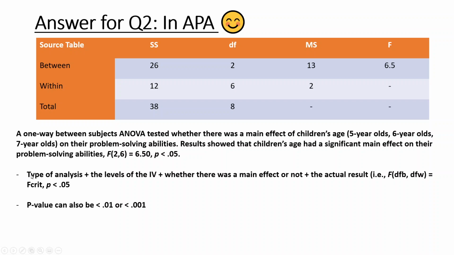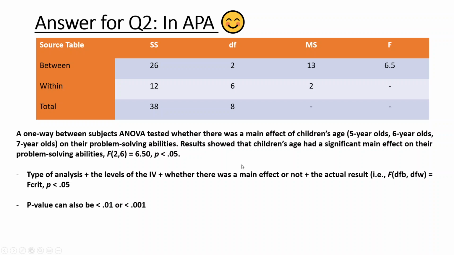So similar to what I've been telling you guys in lab, a lot of this stuff is very formulaic. So here we gave the type of analysis that we ran, right? And the levels of the independent variable, you need to specify that for the reader. Although they could probably figure it out with your degrees of freedom, it's really nice to let people know what you're talking about.